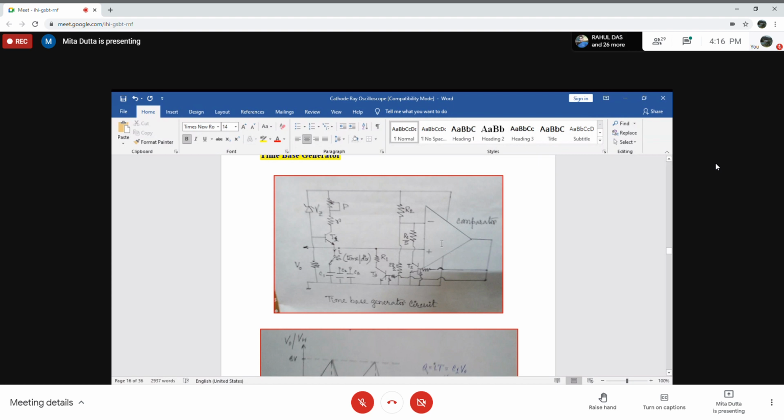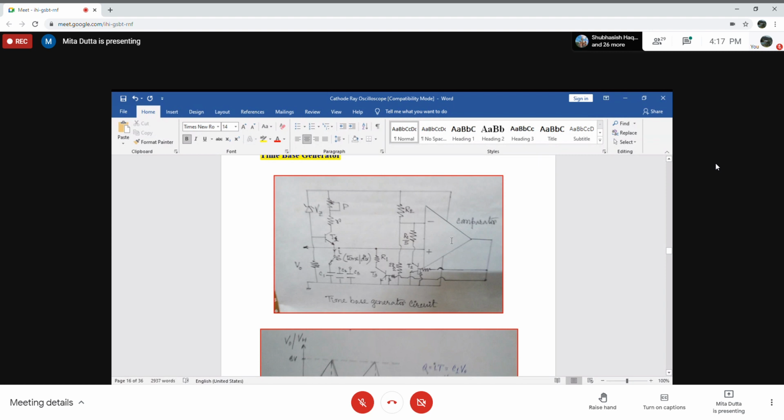Voltage at the positive input terminal of the comparator will be 0, but voltage across the negative input terminal of the comparator will be 2/3 VCC, because R2 plus 2R2 is 3R2, and the voltage at the negative input terminal will be 2R2 by 3R2 into VCC, which is the op-amp supply voltage.